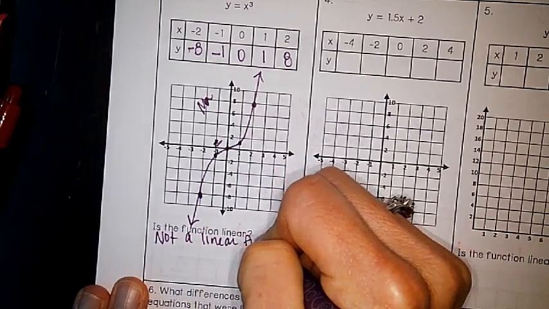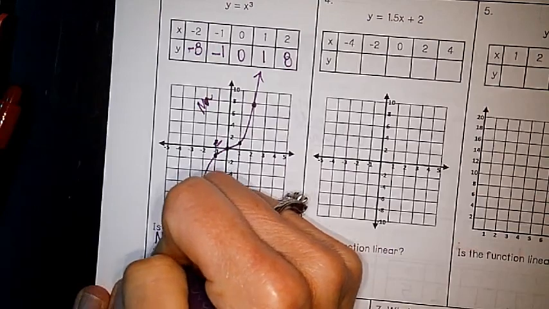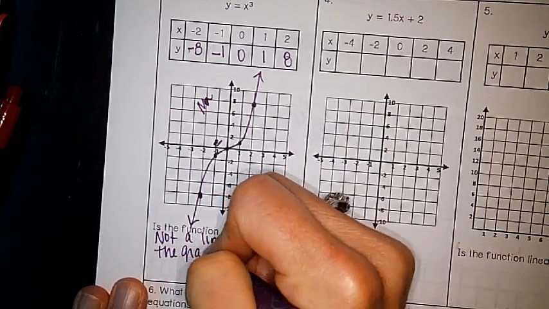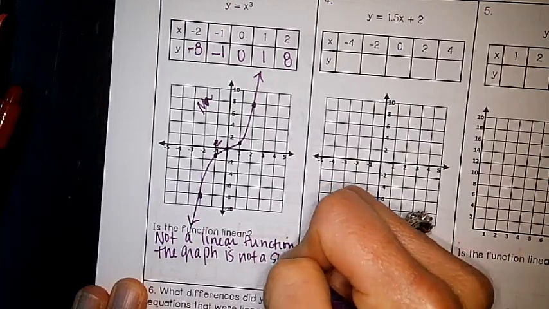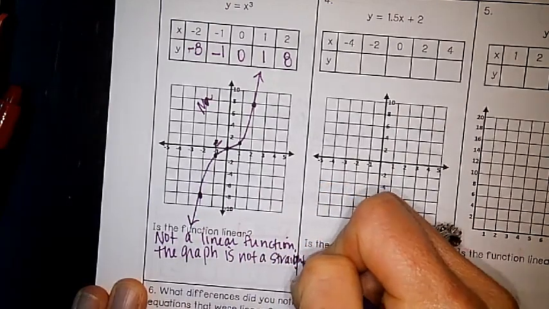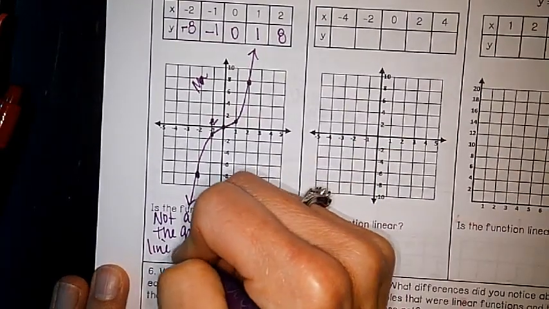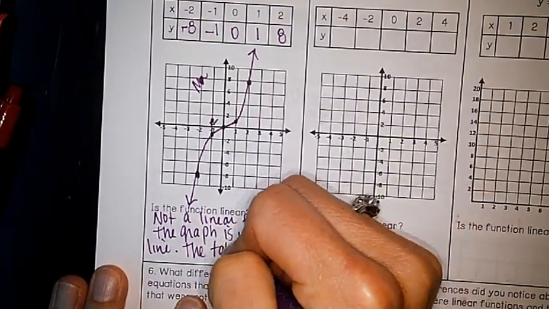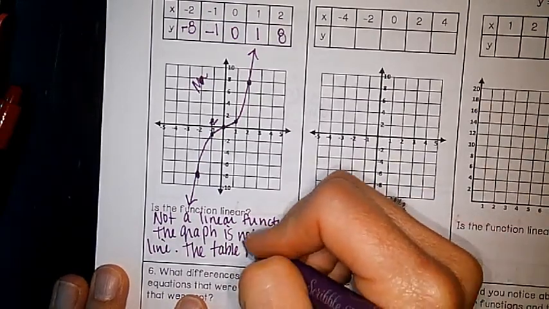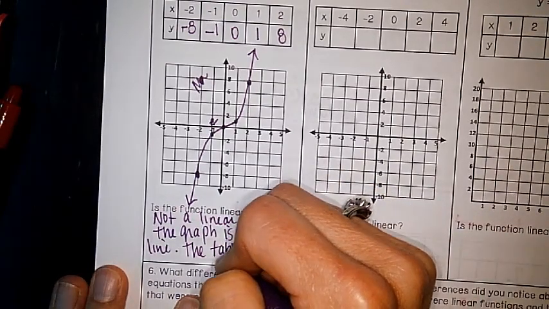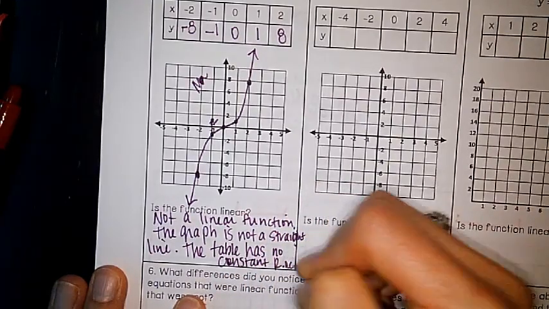Why? The graph is not what? And the table has no what? Constant rate of change.